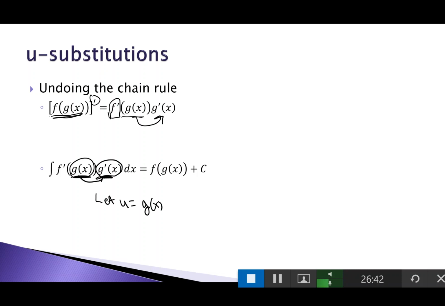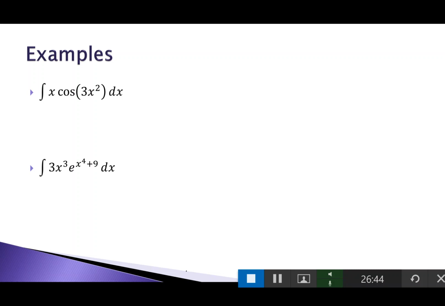I've got 2 on the next slide, but we'll just do one. All right, so let's do the first one up here. So I have a composition. So it looks like I should let u be the 3x squared, but I'm going to check it first. So here's my thought process.